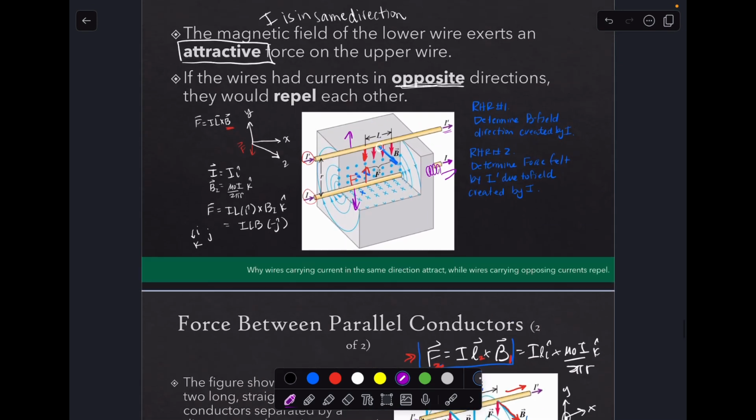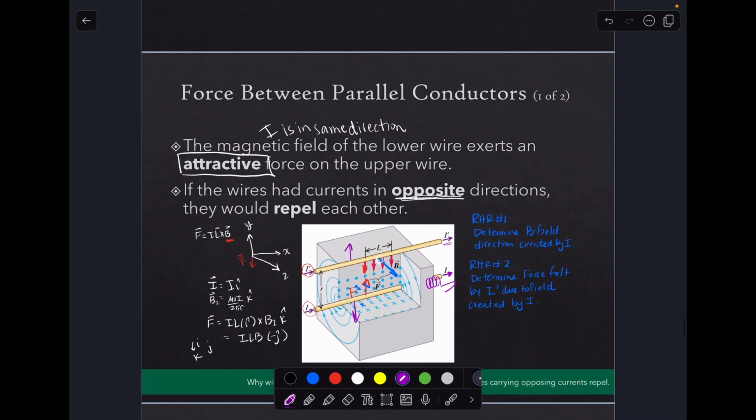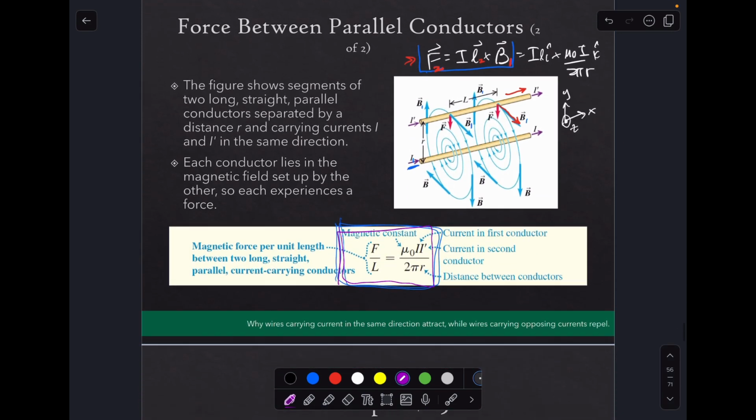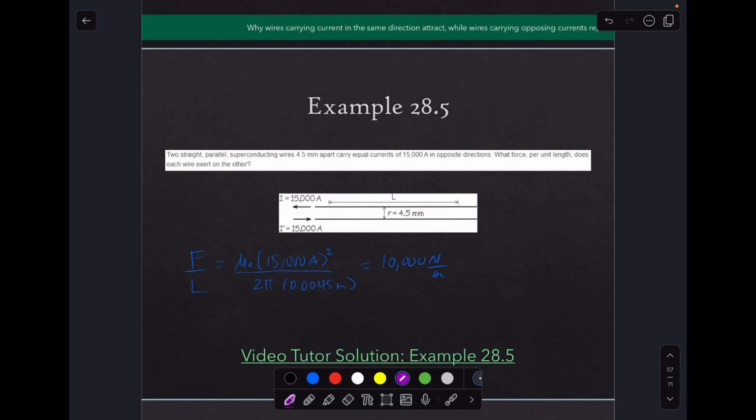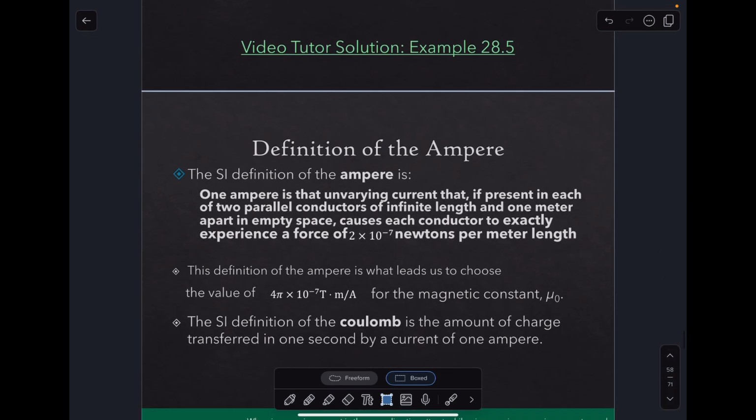Directionality is determined by whether I is pointing in the same direction for each one, or in opposite directions. This example is pretty straightforward. It's really just plug and chug. I'll let you do that one on your own. Here's the work for it.